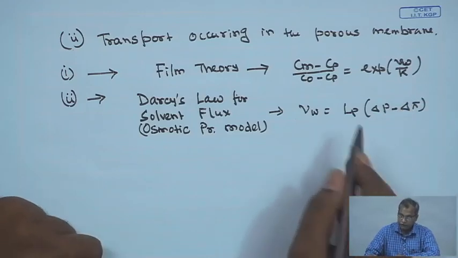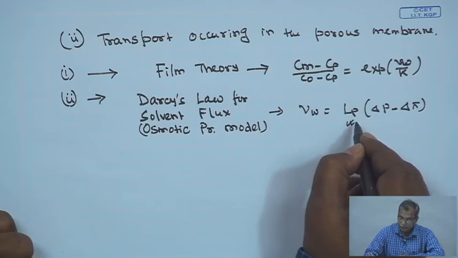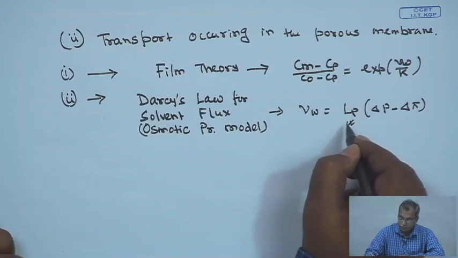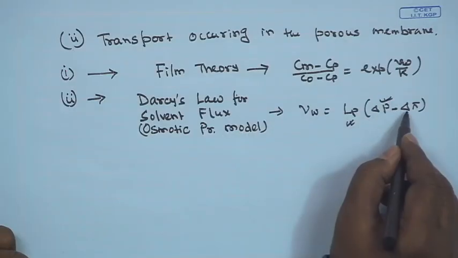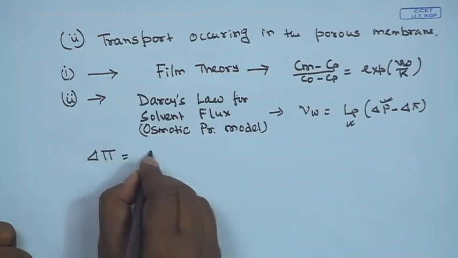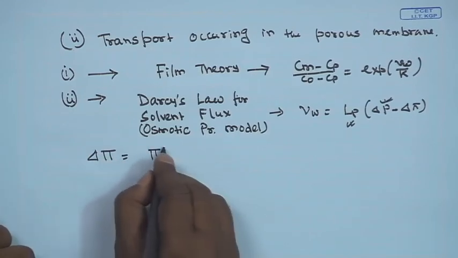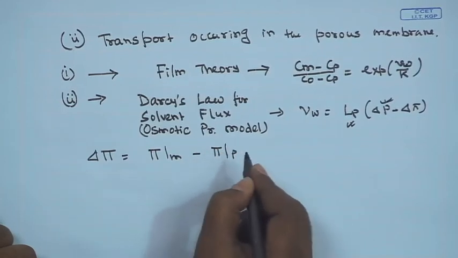In this equation, Lp is the membrane performance parameter, a membrane characteristic, which we have already evaluated from a separate set of experiments. Delta P is the transmembrane pressure drop. Delta pi is the osmotic pressure at the membrane surface minus the osmotic pressure on the permeate side.